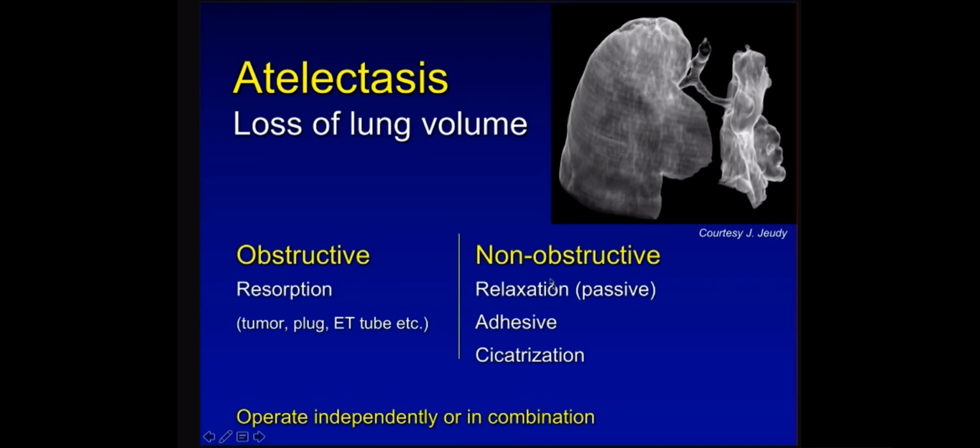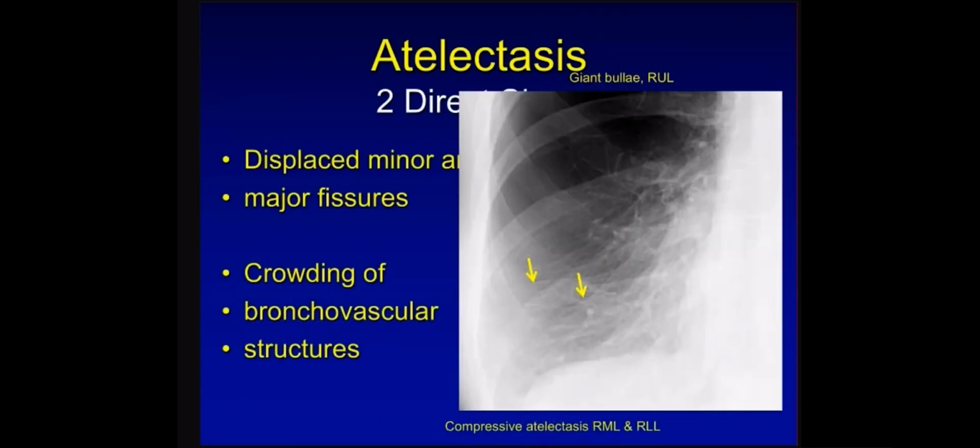On the non-obstructive side, we have so-called relaxation atelectasis, which is more of a passive type of entity. Adhesive atelectasis refers to those conditions that affect surfactant, and the last entity, cicatrization, refers to fibrosis, and that can be a focal or a diffuse process. And you may find these mechanisms operating independently or sometimes in combination.